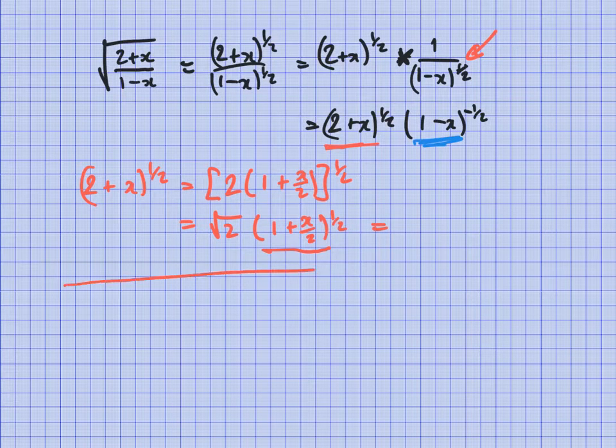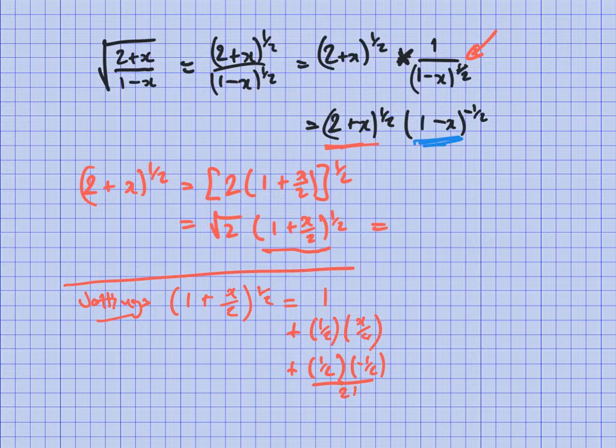So just a little cutaway here, jottings or notes. I'm going to do (1 plus x over 2) to the power of a half. Now that's obviously 1 for the first term, plus n, which is a half, times the x term, plus n times (n minus 1) all over 2 factorial, and then (x over 2) squared.